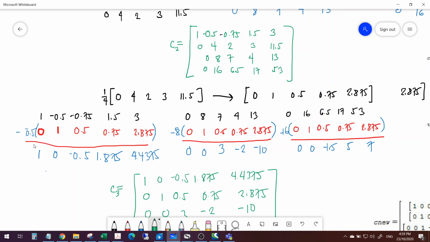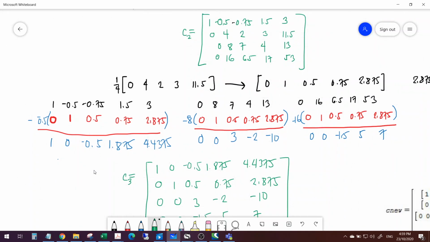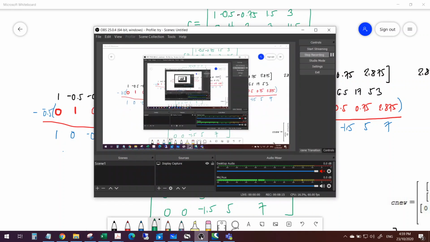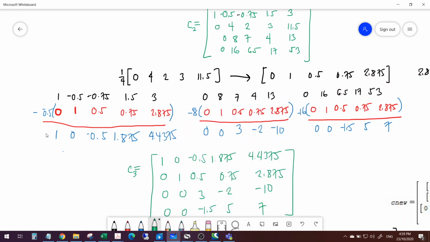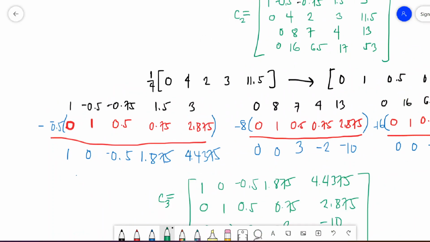Then subtract them. Again, we will find the multiplying factor as we did earlier. What do you notice? The multiplying factor is simply the numbers here.